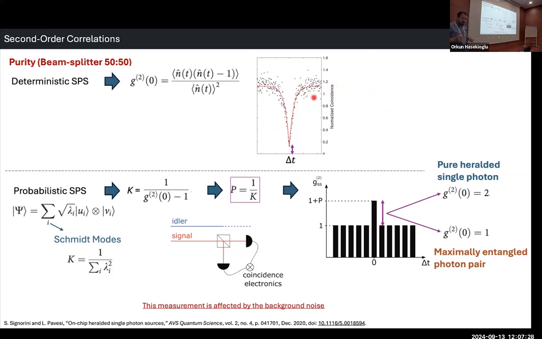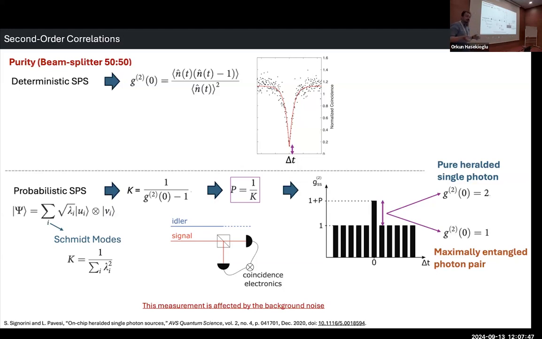Then you, for example, say that value is 1. Then you need to check, compared to this one, where is the dip? 0.2, for example. If it's below 0.5, you can safely call that this is a single photon source.